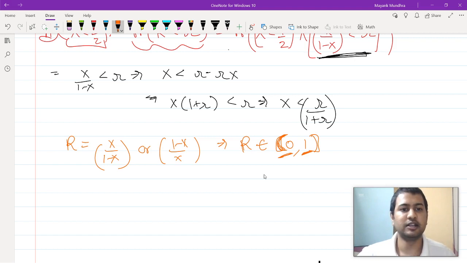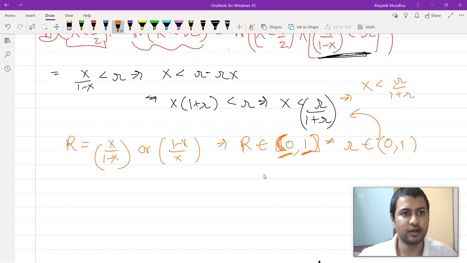So when R takes values in 0 to 1, small r also takes values in 0 to 1. When you put those values of r here, you get x less than r upon 1 plus r. Now r takes values between 0 and 1, so this thing can belong to 0 to 1 by 2.